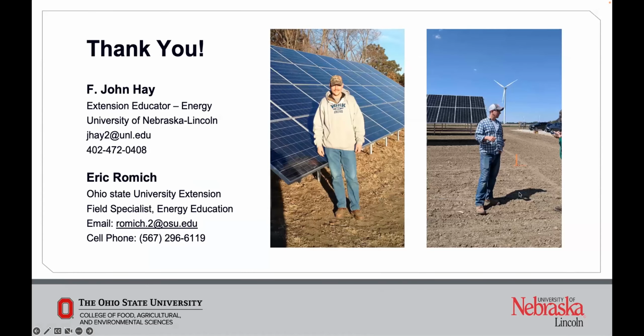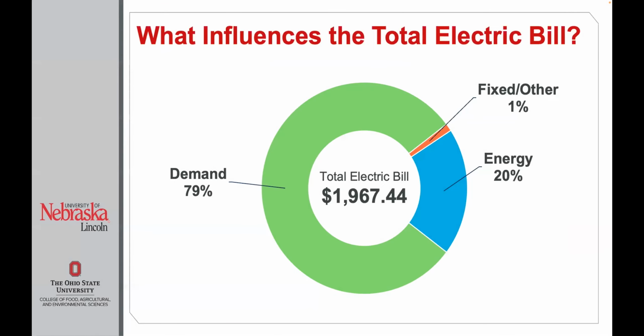The thing to remember is this could be reversed. You could have a bill that does not have high demand charges, and a big component of that bill is going to be focused on energy. And in that instance, energy efficiency practices could have much higher returns than some type of load shifting that could have a greater return for demand.